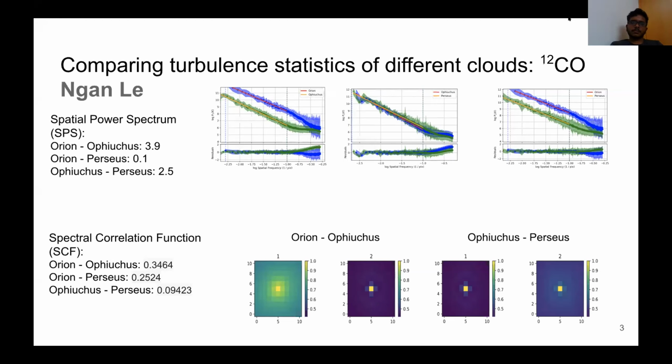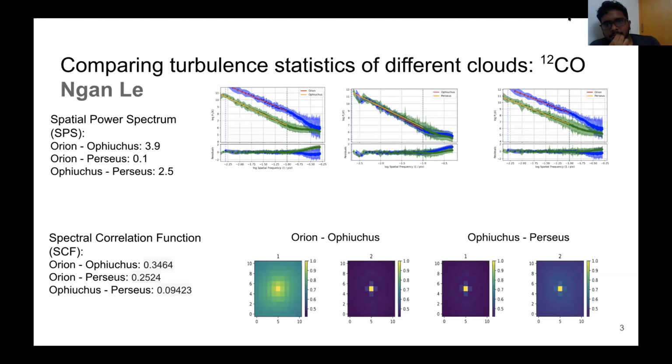We do that for three different molecular clouds: Orion, Ophiuchus, and Perseus. From the slope of the 1D power spectrum, we can derive the turbulence statistic, which is related to the spatial information of the molecular clouds.